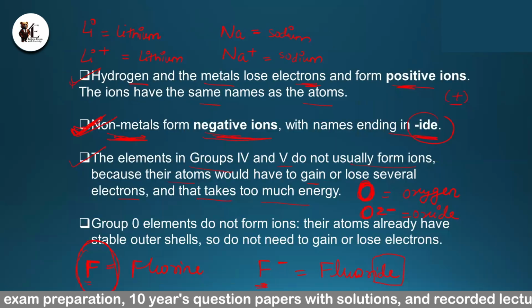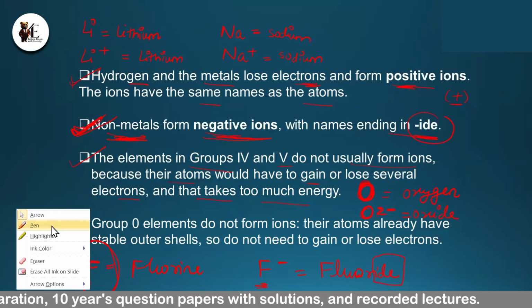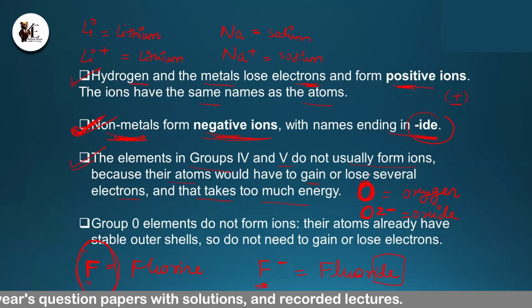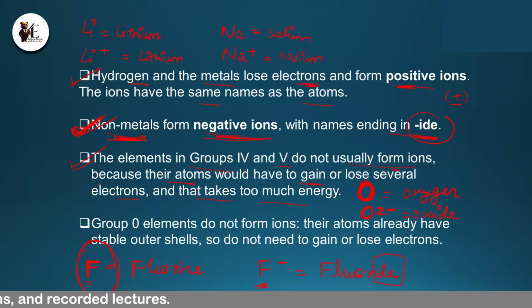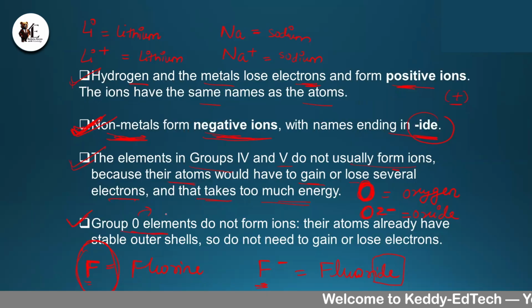That's why the third point says that the elements in group 4 and 5 do not usually form ions because their atoms would have to gain or lose several electrons, which takes too much energy. Now, the fourth point says group 0 elements. Give me an example.